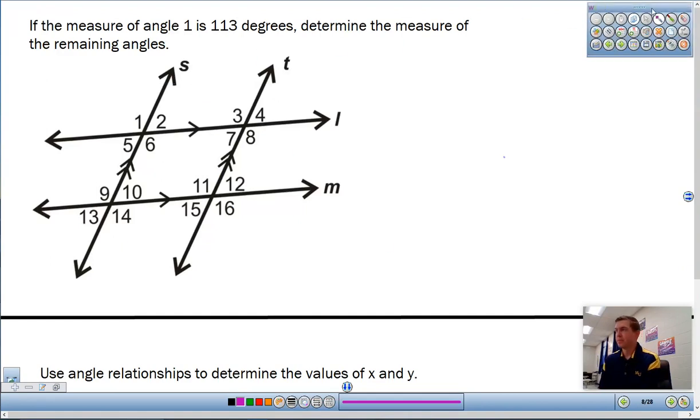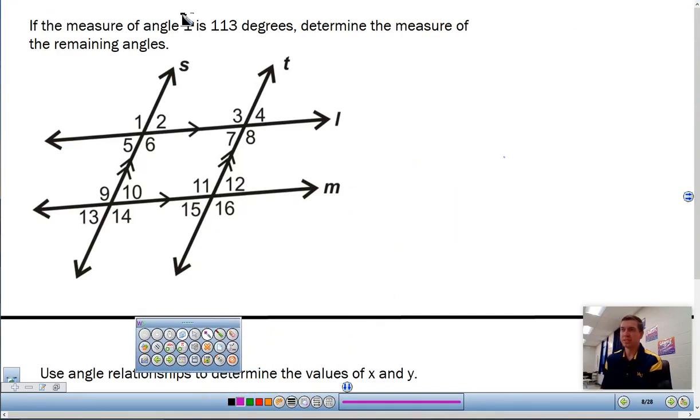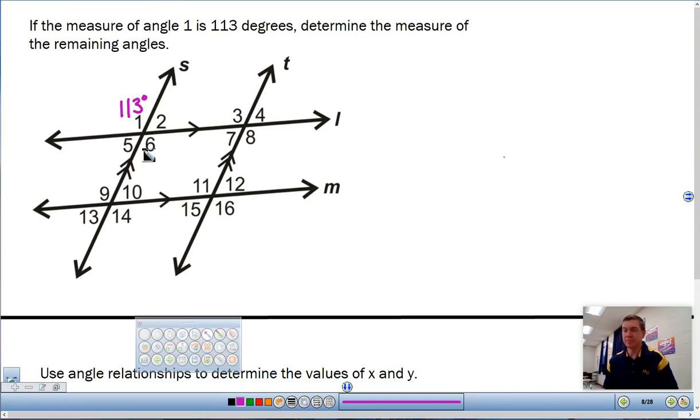So one of the measures that is given to us here is 113 degrees. They're telling us that angle 1 is 113 degrees, and we have a couple different transversals here, and we are going to figure out the measure of all the other angles because of that. So we'll start here.